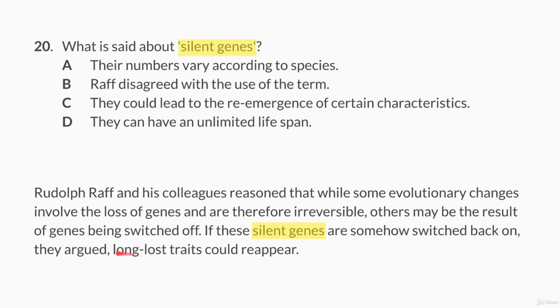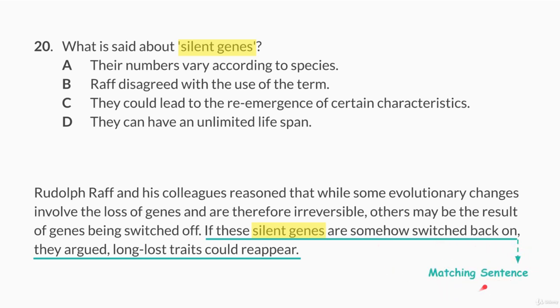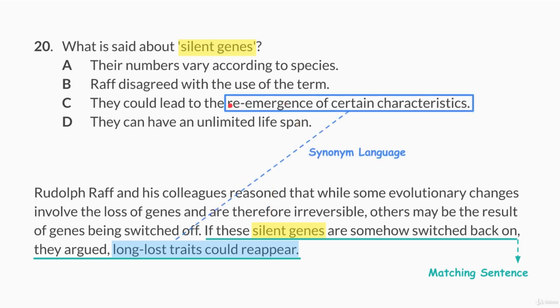So when we say that long lost traits could reappear, we are saying that long lost traits could re-emerge. Re-emerge, okay? That is synonym language. So in this case, our answer is going to be right here. So this is our matching sentence. And this part right here is synonym language for re-emergence of certain characteristics.